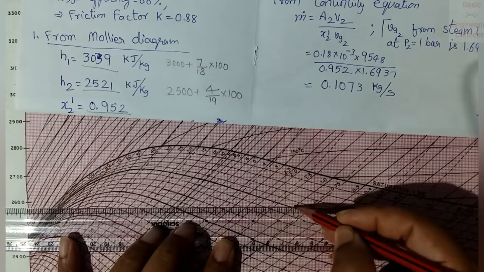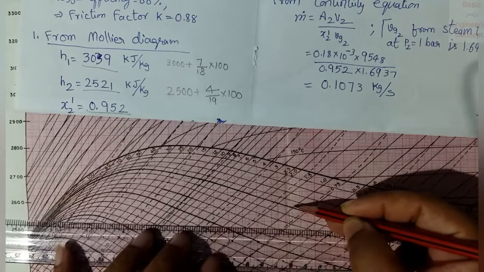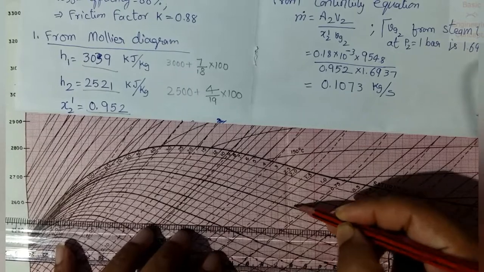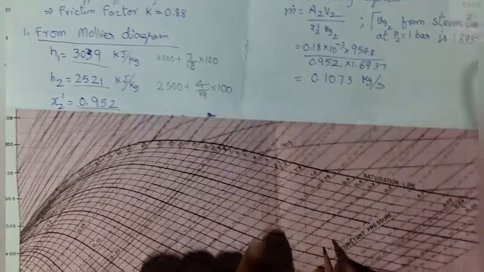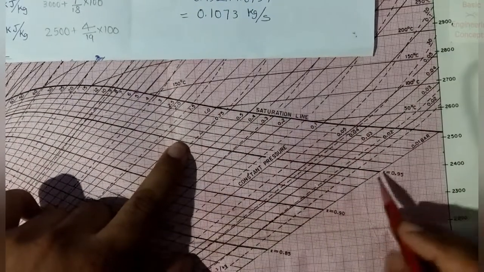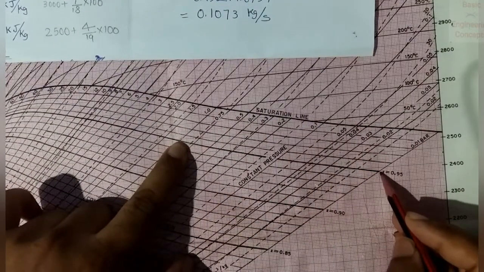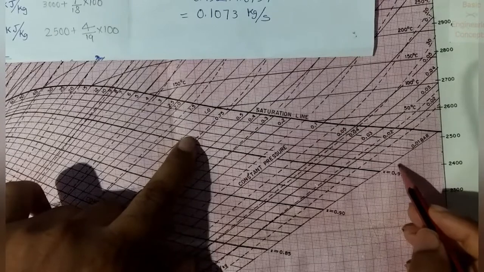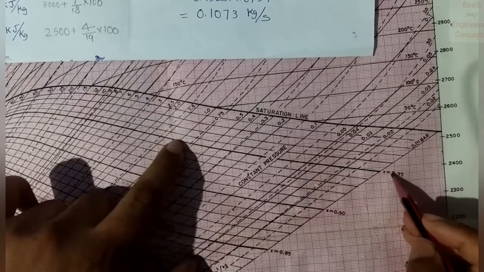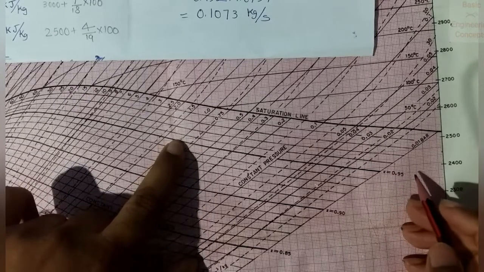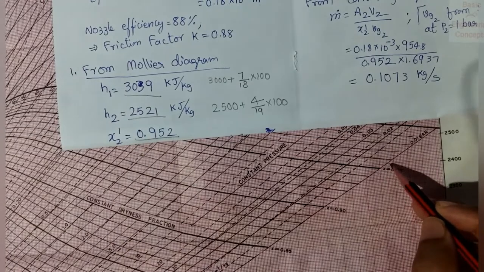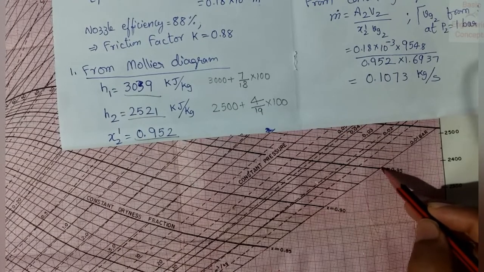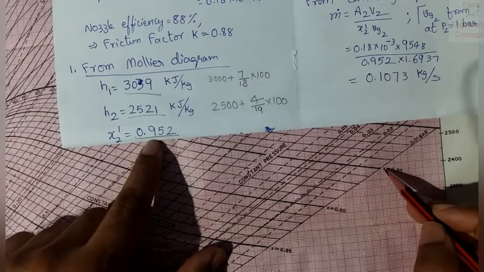It meets somewhere at this point. What is this point? This is 0.95 and the upper value is 0.96. So this is a little above 0.95. I am approximating this value to 0.952, so approximately 0.952.